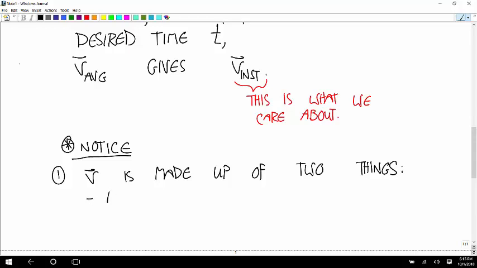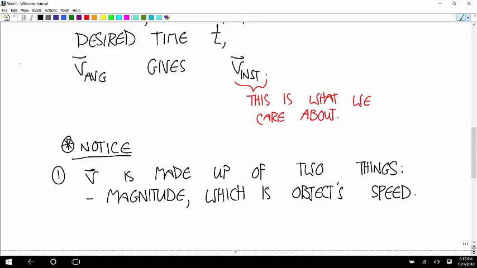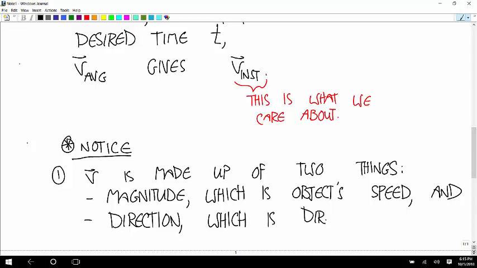The first one is the magnitude, which is the object's speed. And the second one is the direction, which is the direction the object is moving at that instant.